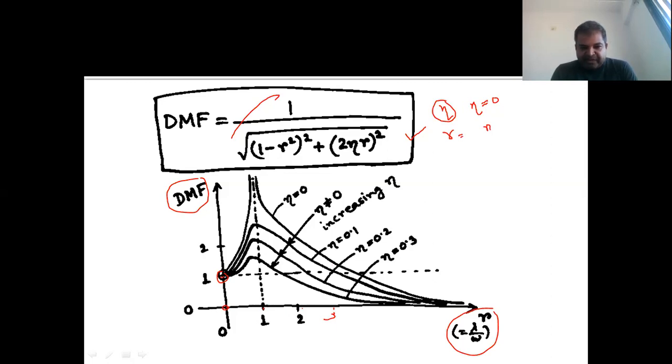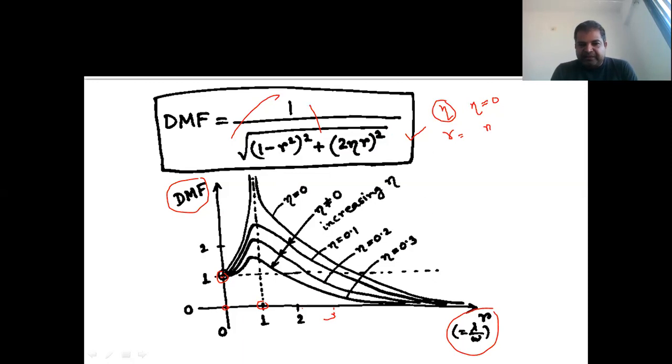Now for the same eta is equal to 0, take r is equal to 1. If you put r is equal to 1, then 1 minus 1 is 0, right? And because eta is equal to 0, the other term is also 0. So 1 upon 0, which will be infinity.